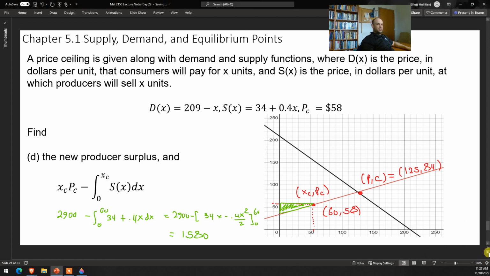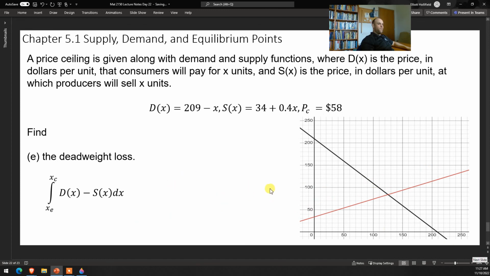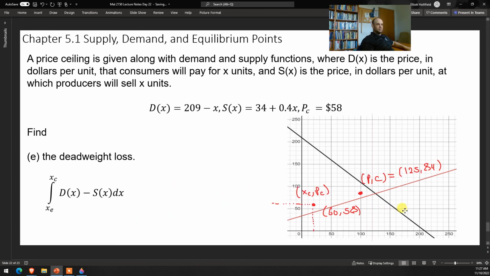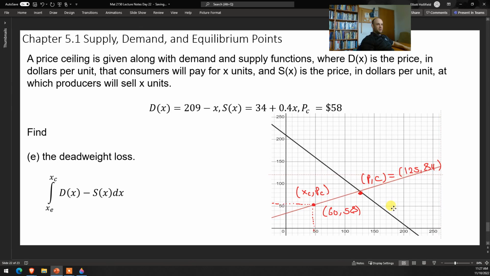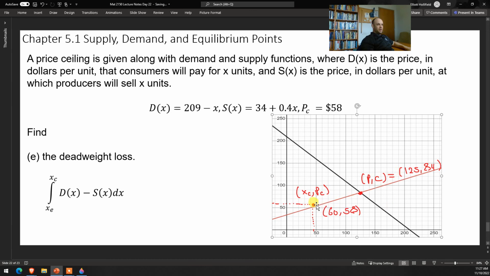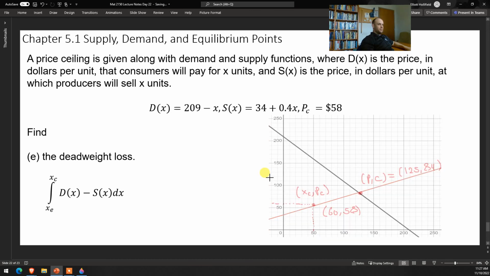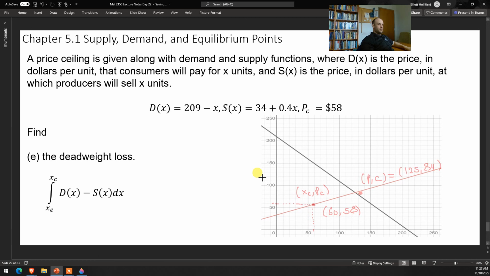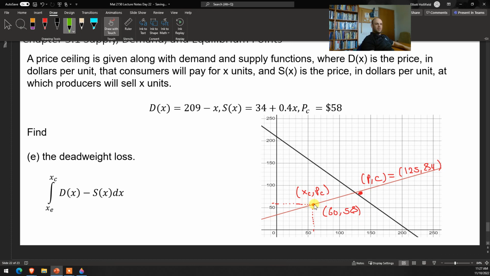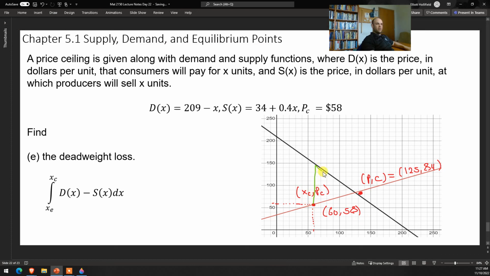Lastly, let's compute our deadweight loss. Again, we have our points corresponding to the equilibrium point and the price cap. And hence the deadweight loss is the area here where this curve is the price the consumers are willing to pay, the demand function, and this curve is the price that the suppliers are wanting to charge.